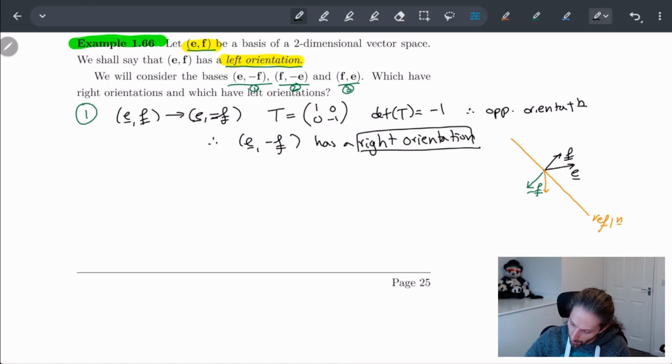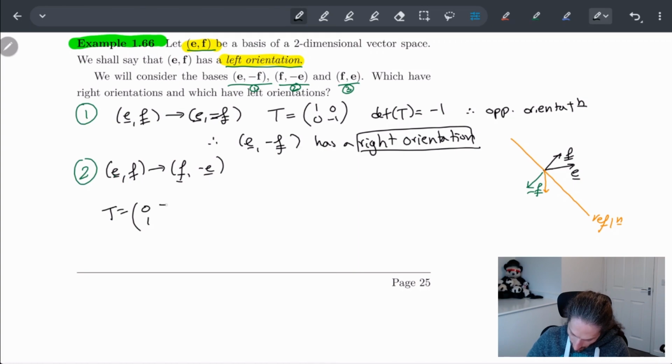Okay, so let's look at what number 2 looks like. We're going over this because we will eventually talk about reflections and rotations and fun little things. So number 2 is F, minus E. E goes to F, and F goes to F, minus E. So what is the transition matrix? T is, the first one is F, so we get 0, 1.